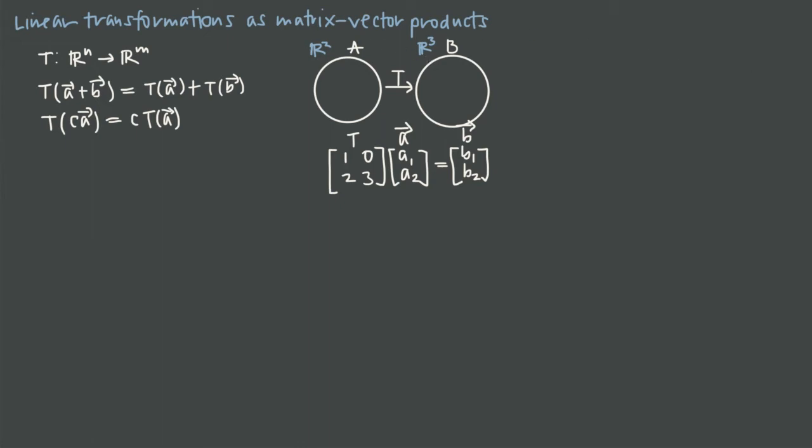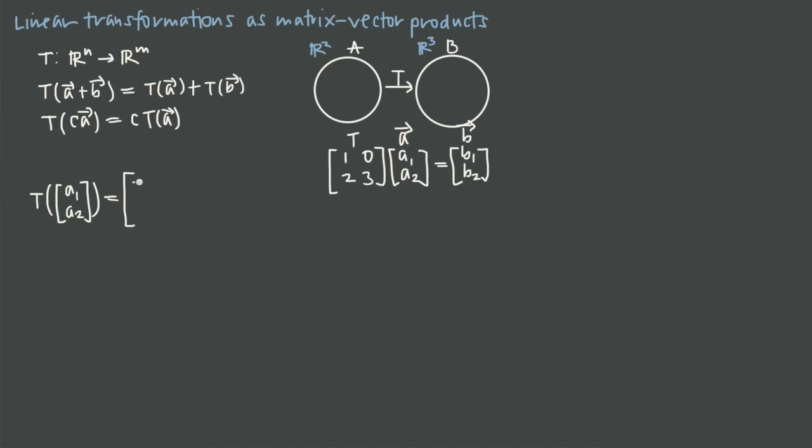So we're going across spaces here with our transformation. That means that we're going to have some transformation like this. We're going to put into the transformation two-dimensional vectors. So let's say we have A1 and A2 as our vector components for the vector in A. And when they come out in B, in R3 space, they're going to look like this.